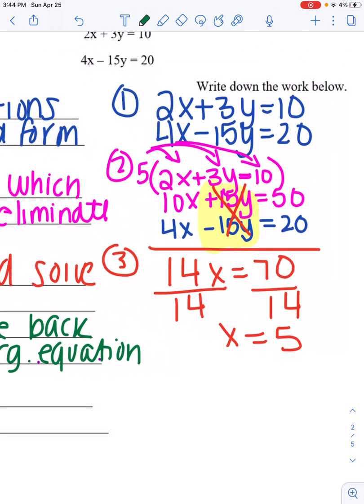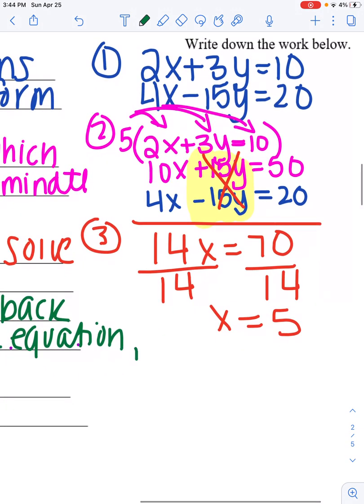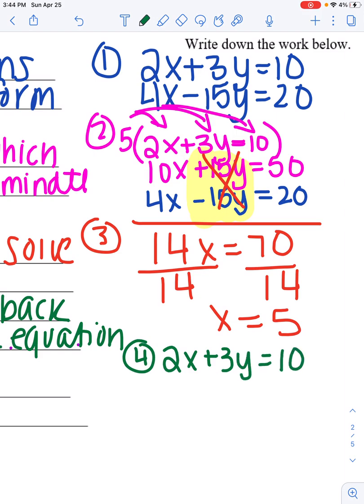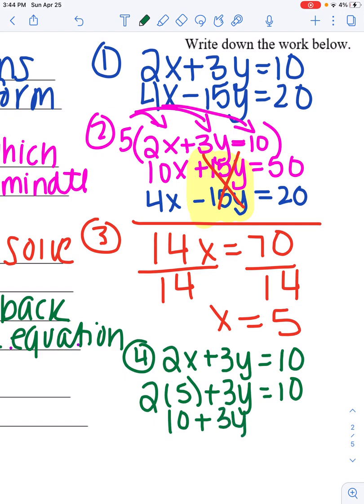So I'm just going to use the 2x plus 3y equals 10. Okay? So this is 2 times 5 plus 3y equals 10. 10 plus 3y equals 10. I'm going to subtract 10.